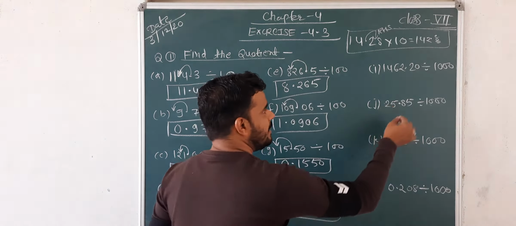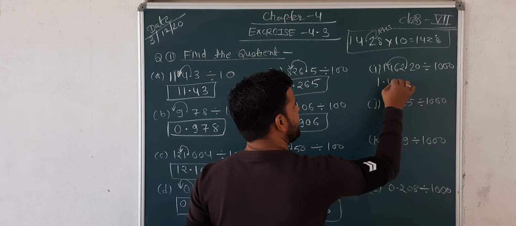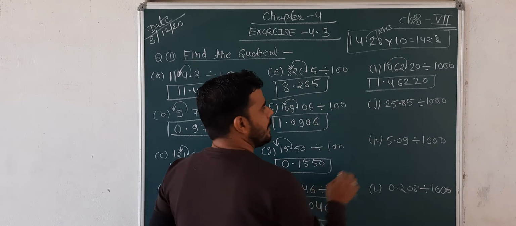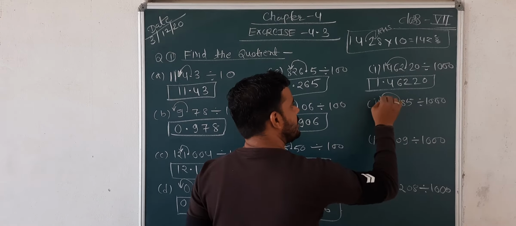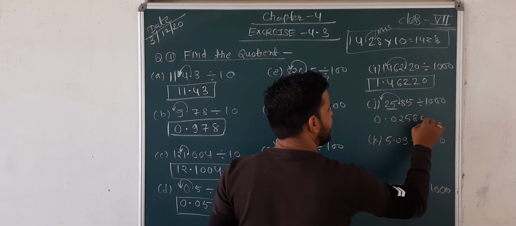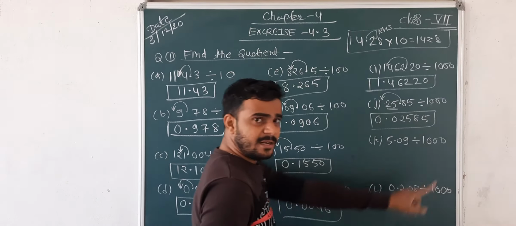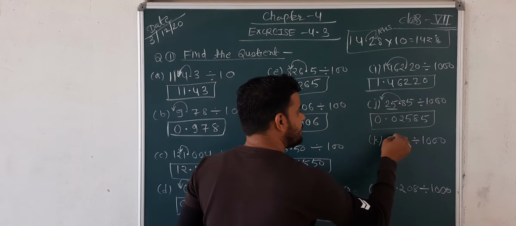Now 1000, so 3 places, and the answer is 1.46220. Next, here also 3 places, but the number 2 only here, so just put the zero: 0.02585. The next 1000 is there, but the number is only 1, so just put 2 zeros.